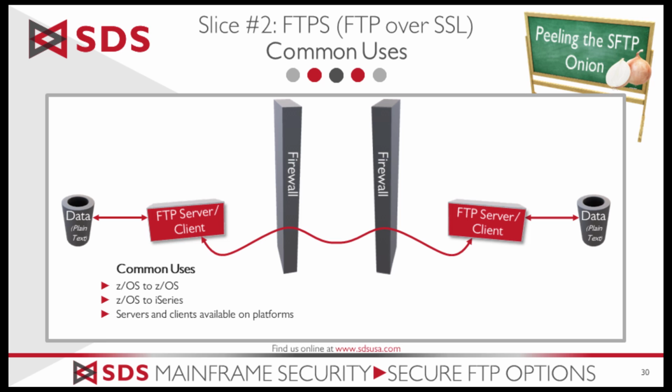And it's not uncommon for the z-series and i-series systems to live close together, so firewalls might not be in play. Other platforms might also have the functionality available, but the further apart the partners are, the more likely there will be firewalls that will need to be configured to allow the multi-connection traffic.